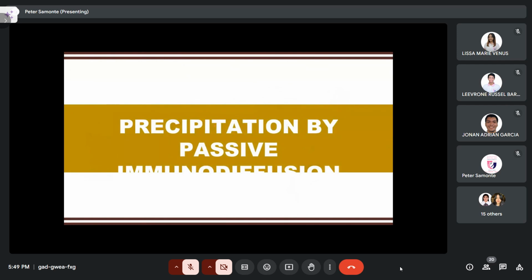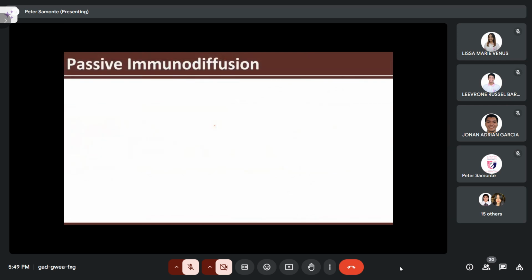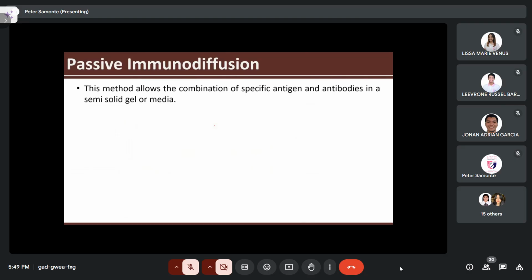Now let's go to precipitation by passive immunodiffusion. In passive immunodiffusion, class, this method allows the combination of specific antigen and antibodies in a semi-solid gel or media. An example of a semi-solid gel or media is agar.